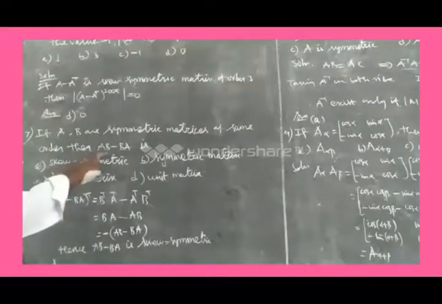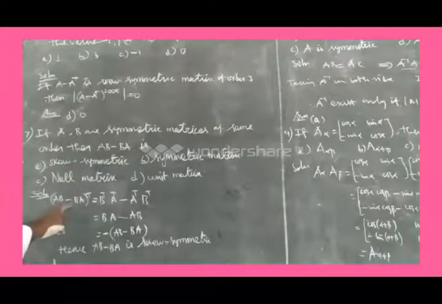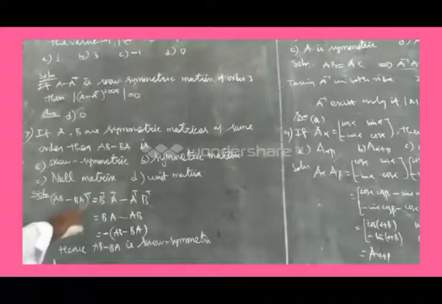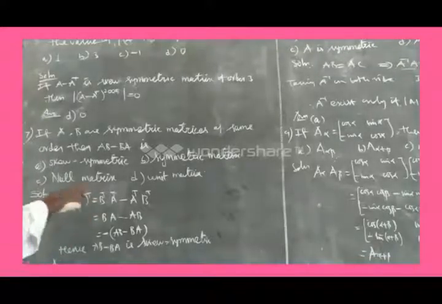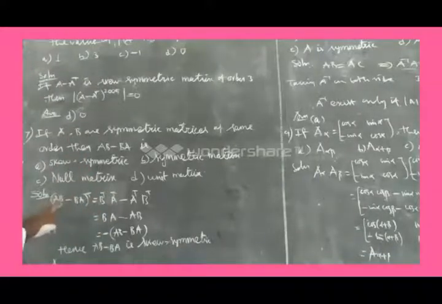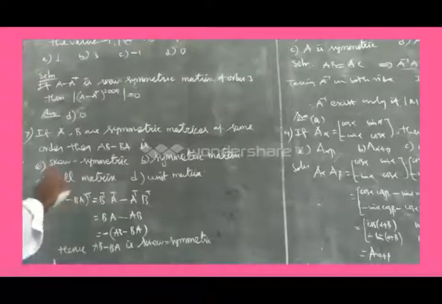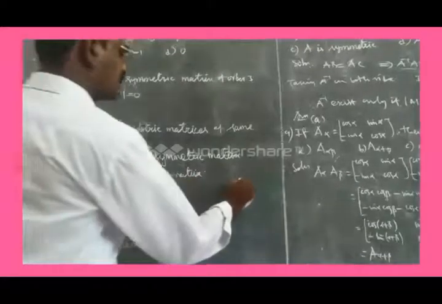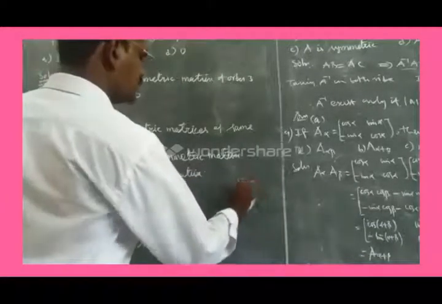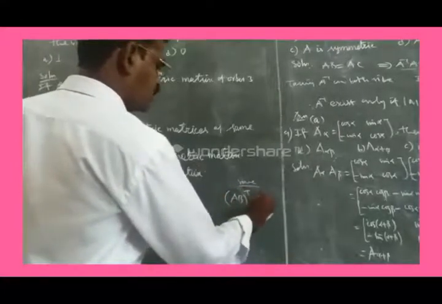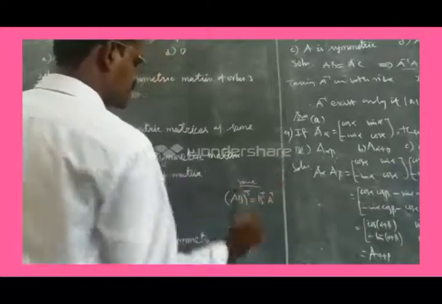Solution: given AB minus BA. Taking the transpose of AB minus BA, using the formula, AB whole transpose equals B transpose into A transpose.